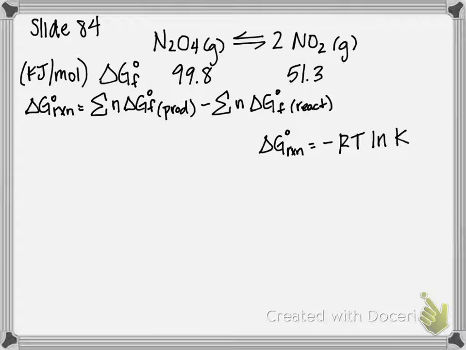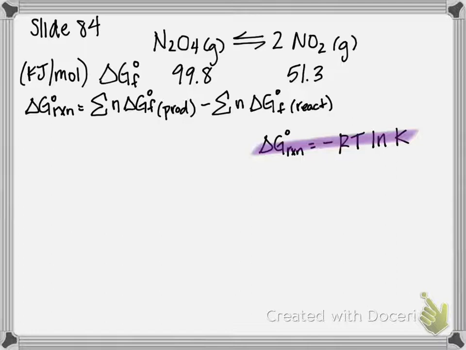So in order to relate delta G and the equilibrium constant, we learned a new equation on some previous slides, which basically states that the standard free energy change of a reaction is equal to negative R, just the gas constant, times T ln of K. R is going to be, once again, 8.31 joules over mole Kelvin, and our T is going to continue to be in Kelvin, and then K, of course, is unitless.